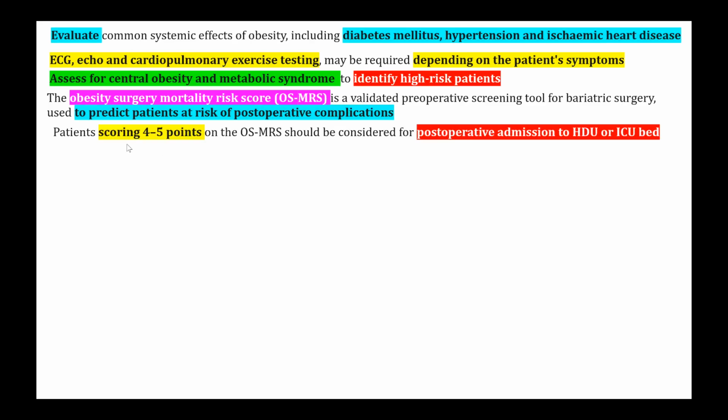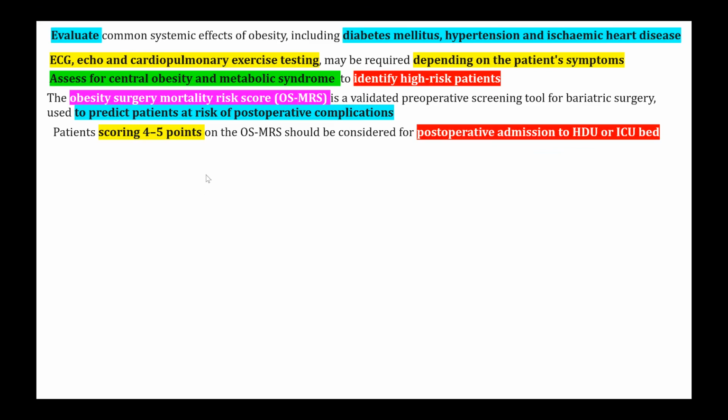A score of 4 to 5 points in the OSMRS scoring is considered for postoperative admission to HDU and ICU. Nowadays in large volume centers, not all patients are taken to HDU or ICU because most of them are extubated on the table and laparoscopic procedures are less painful.